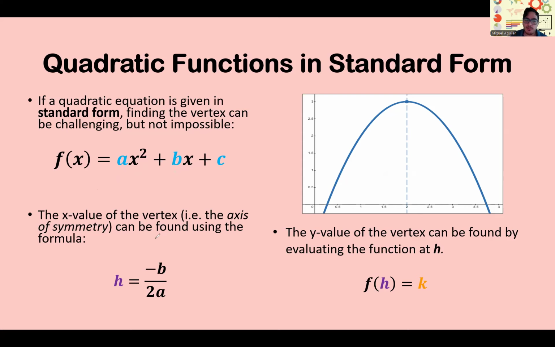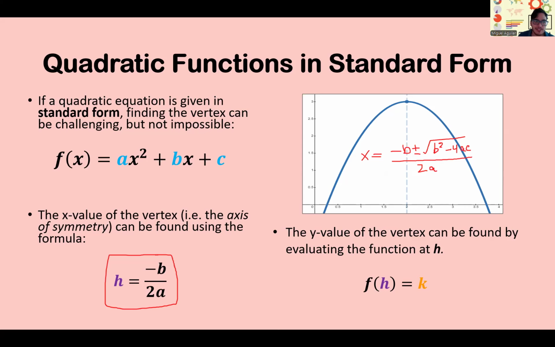Okay. And this formula for finding H should be pretty familiar because if you think about the quadratic formula that we use to solve quadratic equations, that was x is equal to negative b plus or minus the square root of b squared minus 4ac all over 2a.